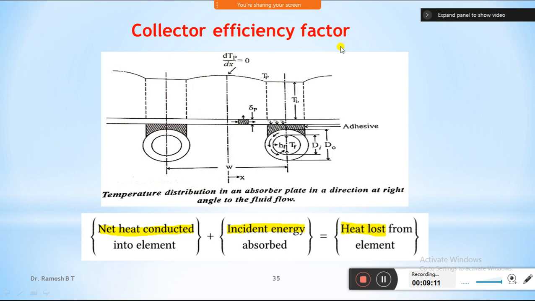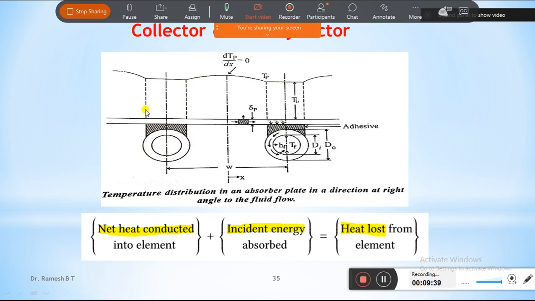First, the one dimensional flow of heat in the absorber plate in a direction at right angle to the direction of flow will be considered, and this will be followed by considering the heat flow from the plate to the fluid across the tube wall, and finally the one dimensional flow of the fluid inside the tube will be analyzed. Now just see this figure.